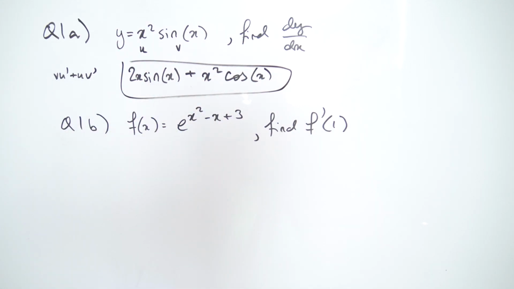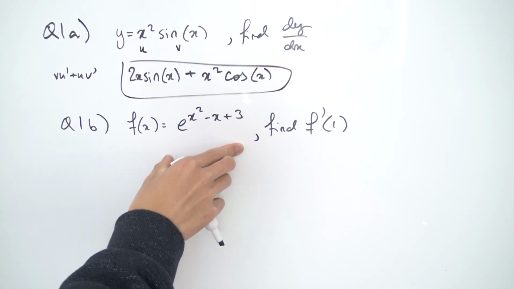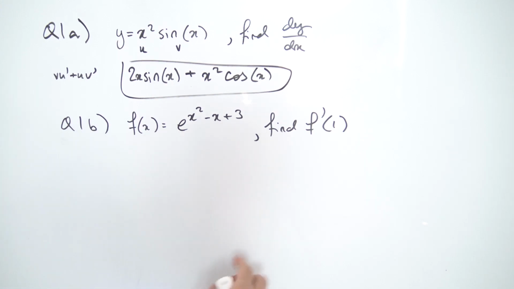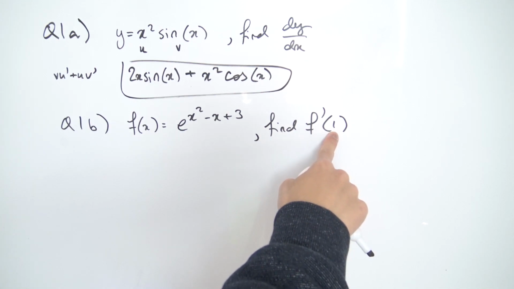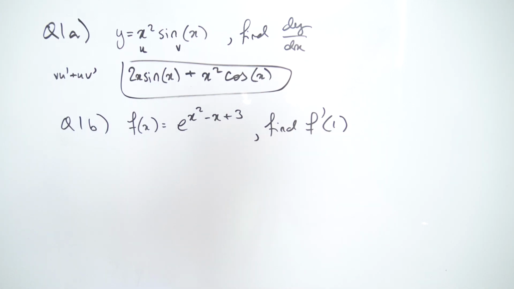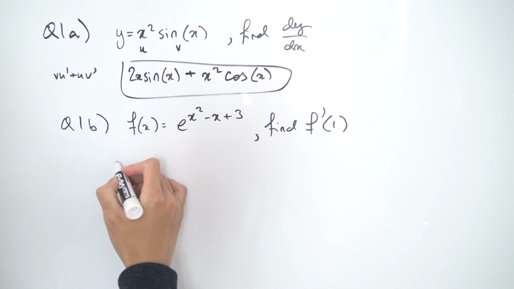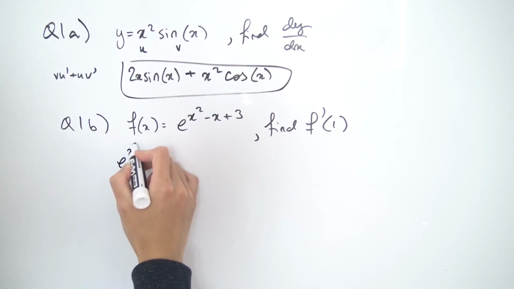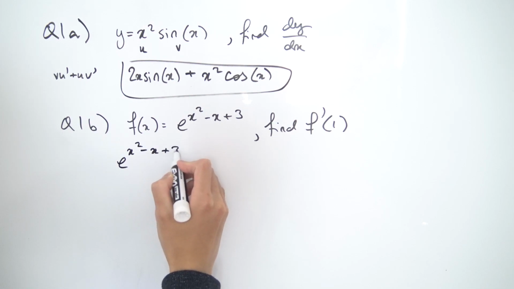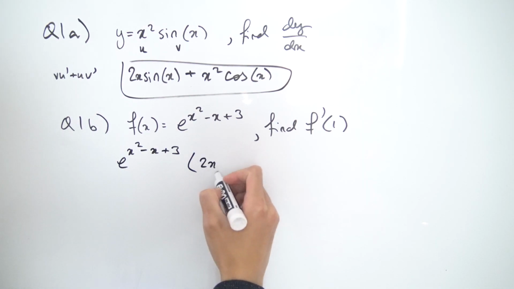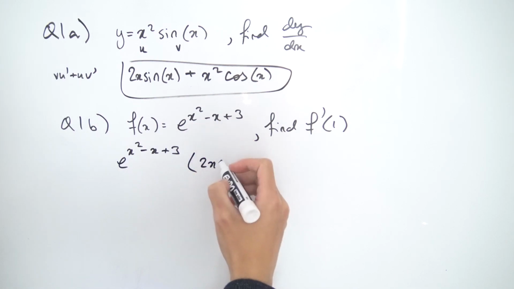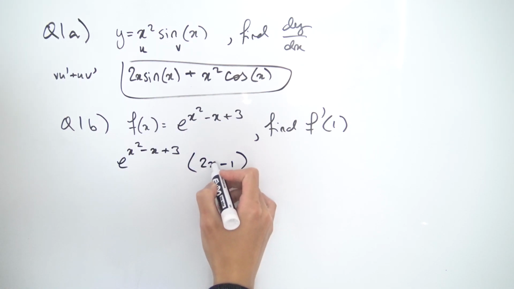For question 1b, you're given this other function, e to the x squared minus x plus 3, and you're asked to first differentiate it and then evaluate the derivative at 1. So let's differentiate this thing. If you differentiate e to the something, it's just e to the something itself, and then you have to multiply by the derivative of the inside, which is 2x, so power rule right here, and then minus 1, like so.